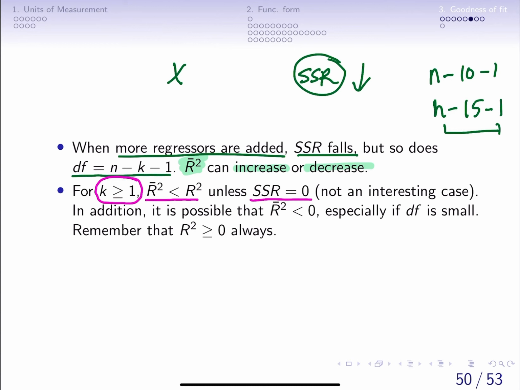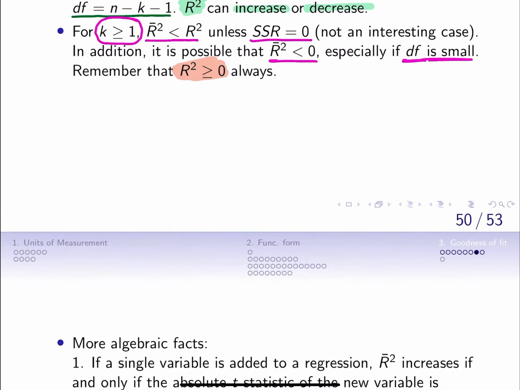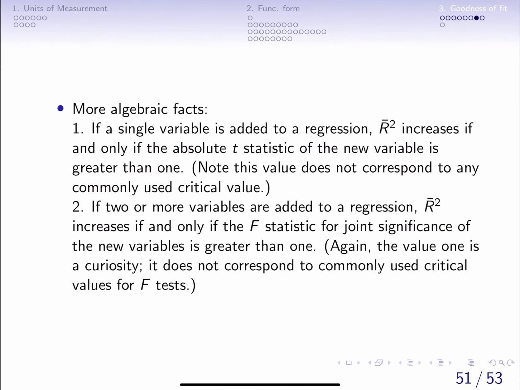It's also possible that adjusted r-squared is less than 0 if your degrees of freedom is very small. I hope you don't encounter that problem because you're going to have large sample sizes. However, remember that r-squared is always greater than or equal to 0. Some facts to remember: if you add a single variable to a regression, adjusted r-squared would increase if and only if the absolute t-statistic of the new variable is greater than 1.